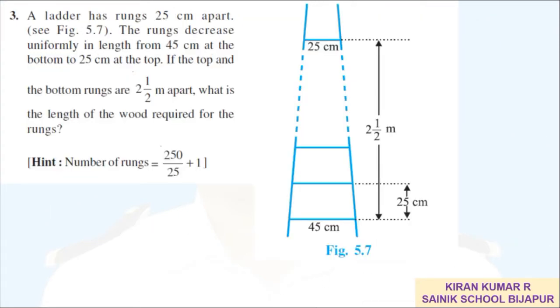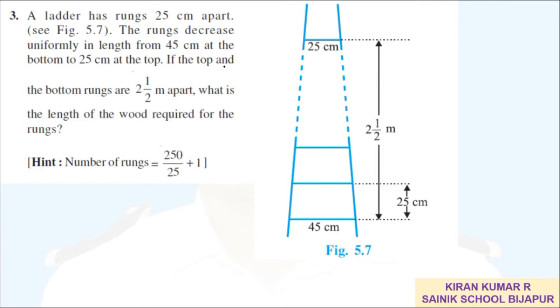Let us take up question 3. A ladder has rungs 25 centimeter apart as shown in the figure 5.7. The rungs decrease uniformly in length from 45 centimeter at the bottom to 25 centimeter at the top.